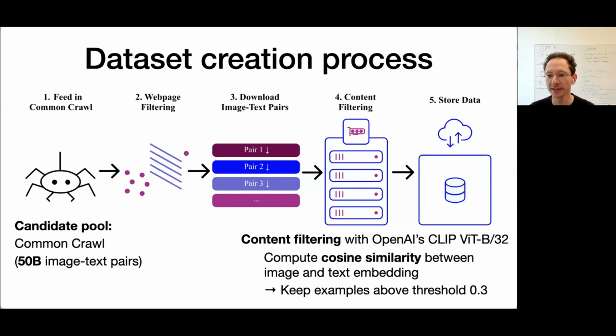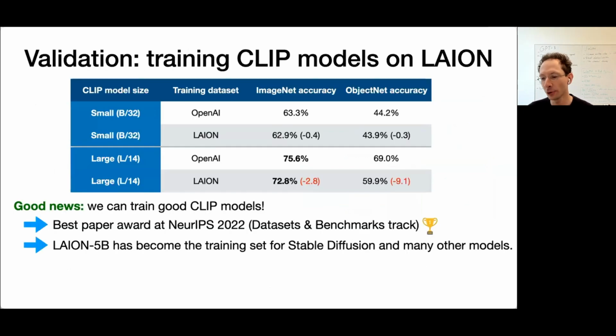But it turned out that you can filter with a B/32 and then train models that substantially exceed the performance of your filtering model. I think it's a good research question, but empirically right now, this works better than expected.